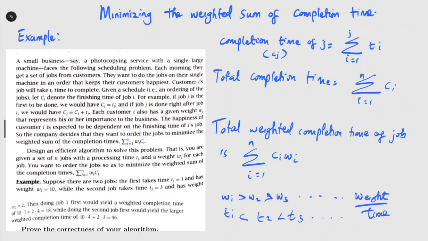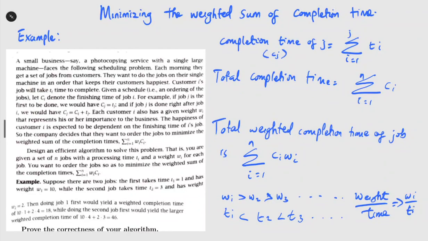Since we are solving by decreasing order of weight and by increasing order of time, this would mean that the ratio weight over time, let's call this Wi over Ti, right?